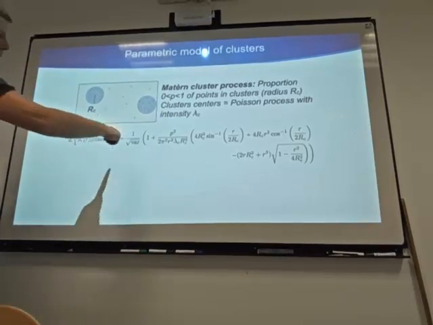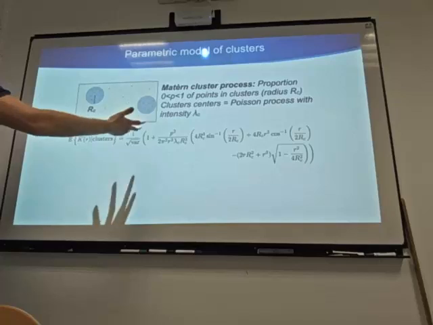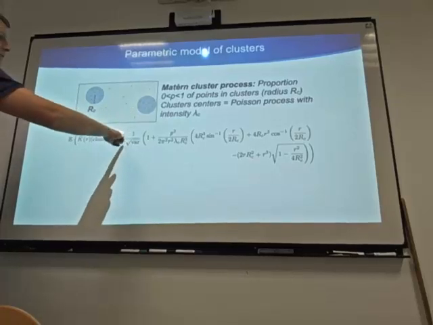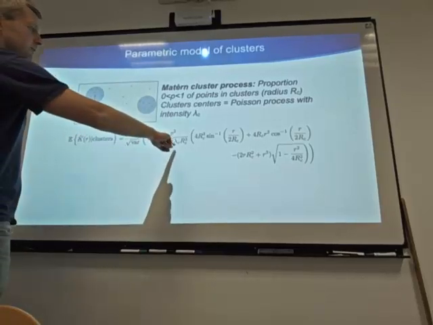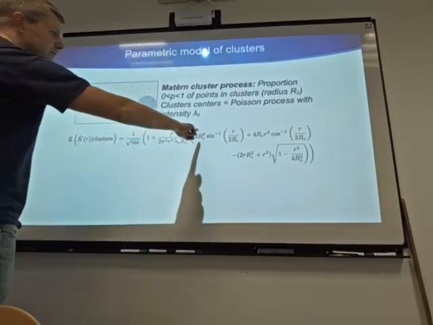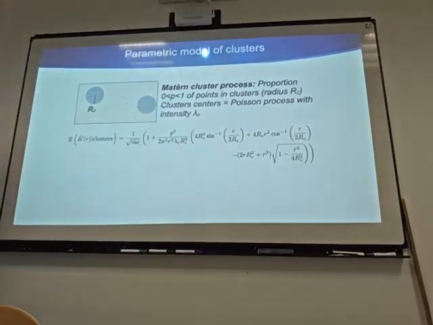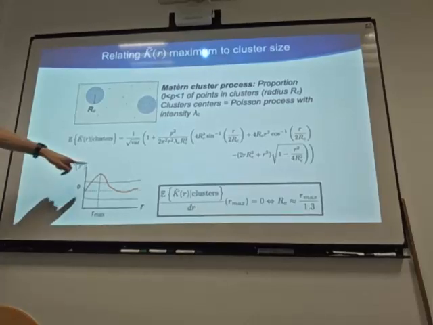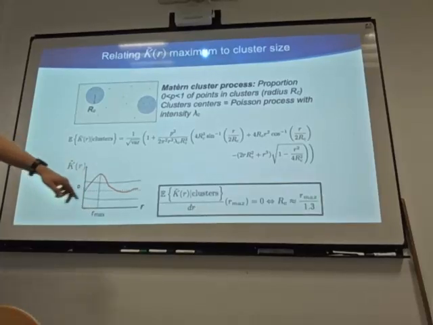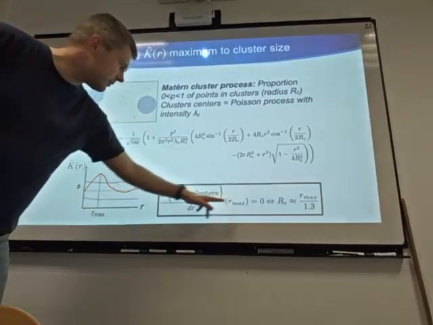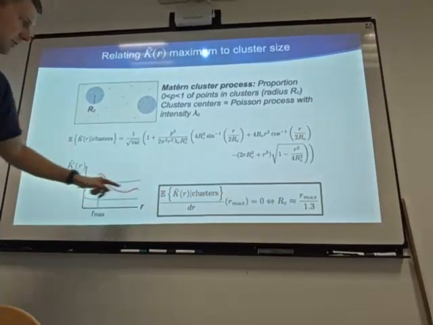And actually, it's not that big, but you can show that this is 1 divided by n, and you have this lambda c, RC, and p. And so you can have this type of function. This function can be found in textbooks. And so if you derive this and set it to 0, you can show that the maximum is reached at R max, so the derivative with respect to r is equal to 0.